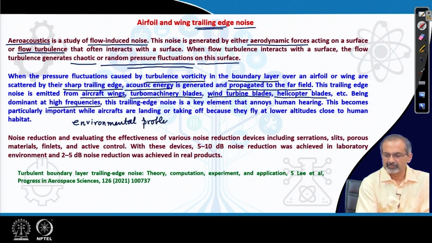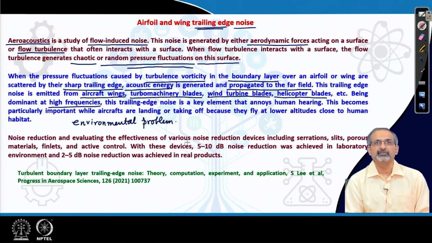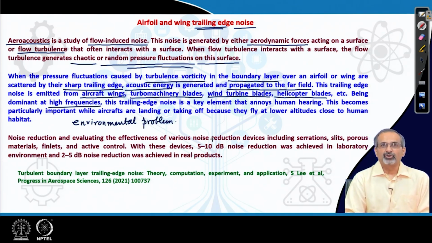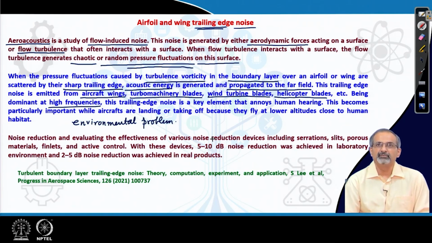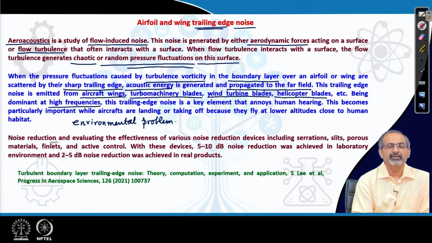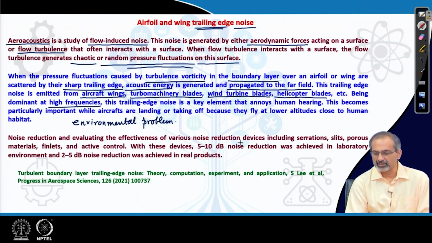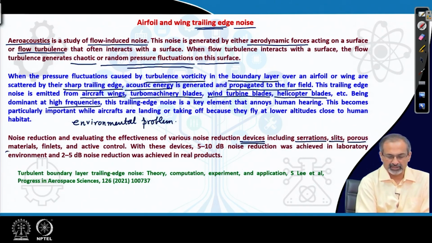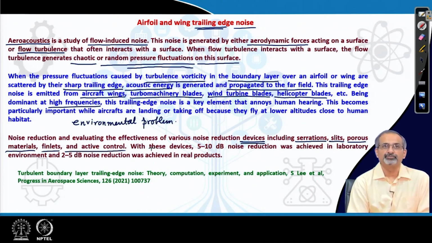which has to be tackled with a lot of care, and therefore, a lot of research is going on on the trailing edge noise problem using analytical means, computational means as well as experimental means. So, in wind tunnel experiments, noise reduction and evaluating the effectiveness of various noise reduction devices has been studied widely. They have tried serrations, slits, porous materials, finlets and different ways of boundary layer control, which are often called as active control.